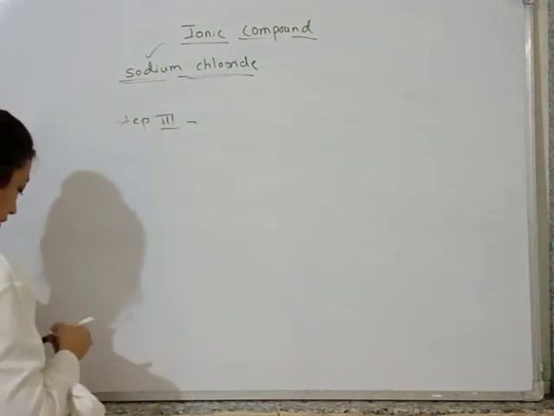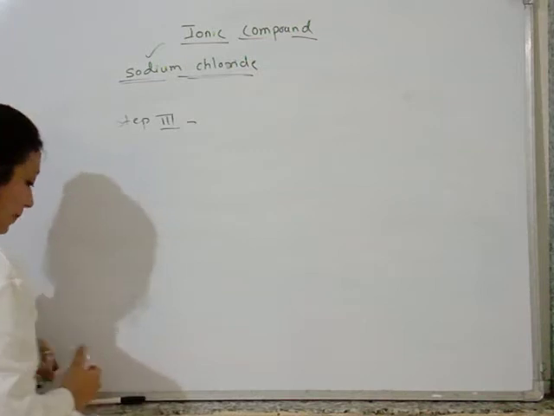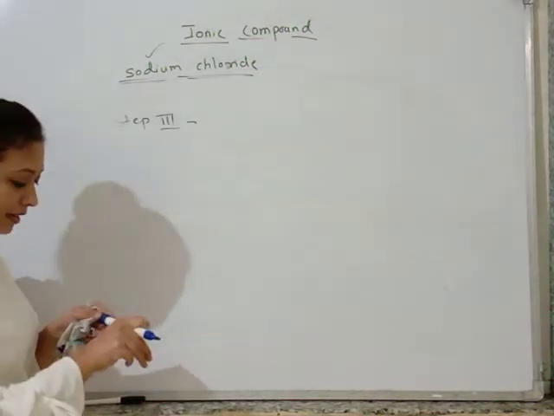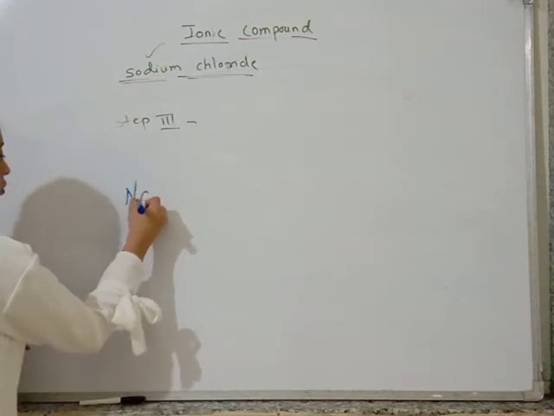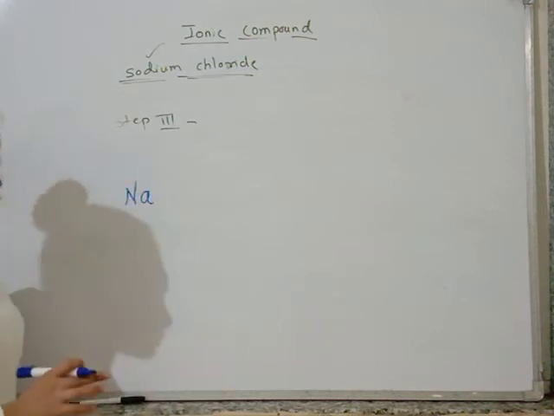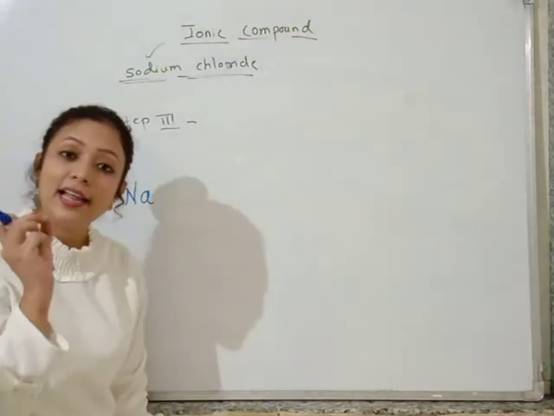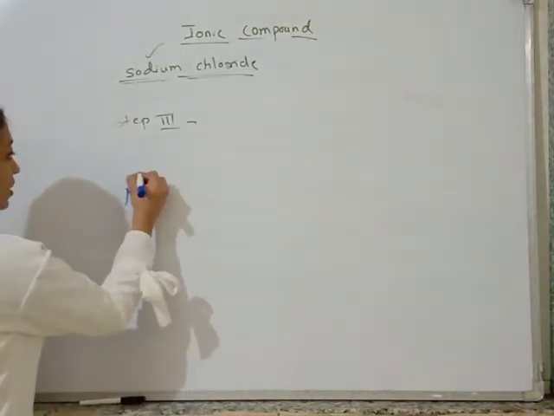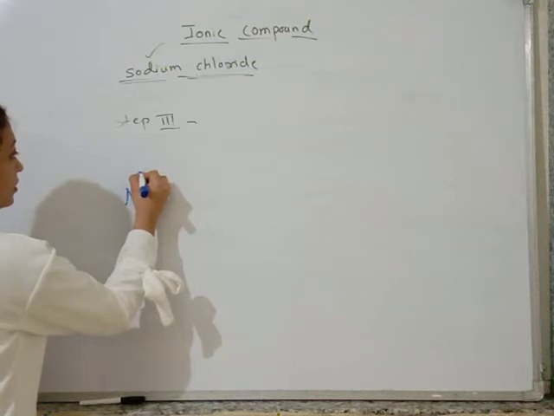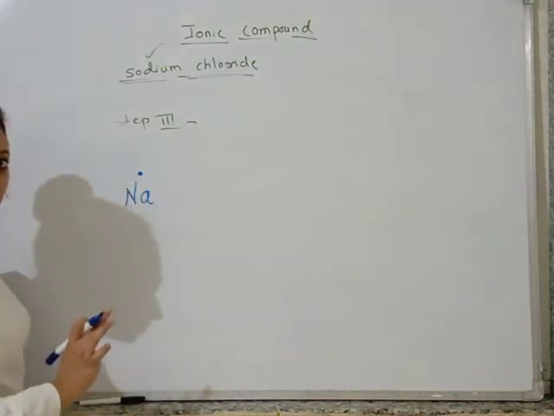So basically, in step 3, what do we write first? In step 3, we write about the metal that is getting involved in the reaction, and this is sodium. So we will write Na. But not only the metal, we have to write its electron dot structure. So the metal's electron dot structure for sodium is Na with a single dot.